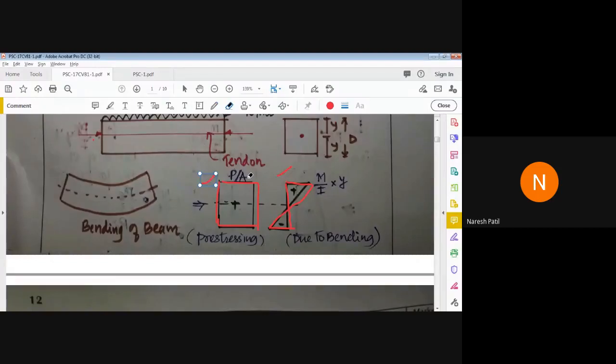Yes, anyone? Bharti? Yes, sir. See, these two are stress distribution diagrams. This one and this one, both are stress distribution diagrams. But why is there a change in the shape of the diagram?